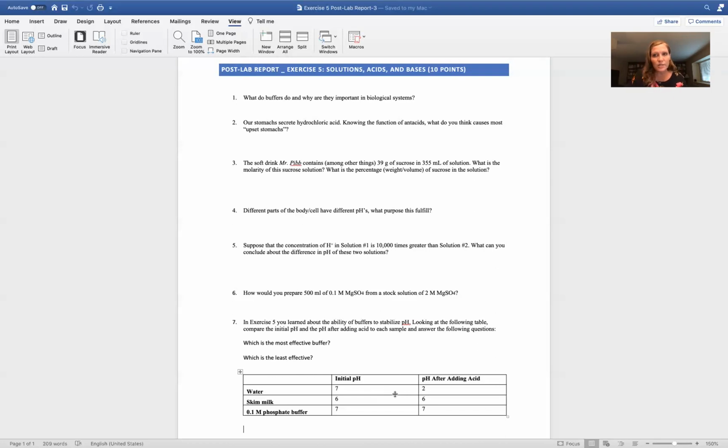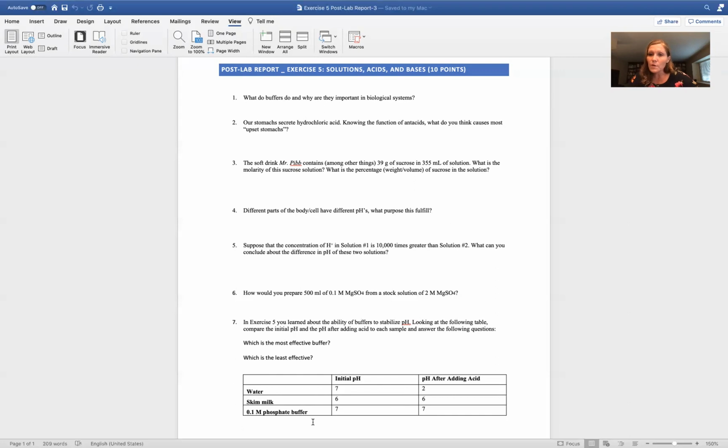In this question, they are asking you to determine which is the most effective buffer and which one is the least effective buffer. Well, if we're looking at our list, this is kind of the kicker here where it can be very deceiving, because if you look, we already have a buffer in there. So we use the 0.1 molar solution of phosphate buffer as, let's say, our positive control.